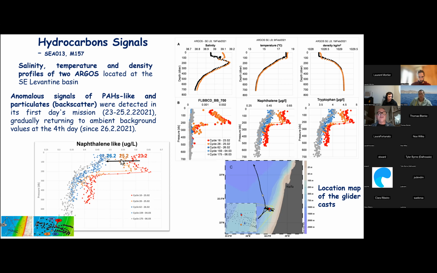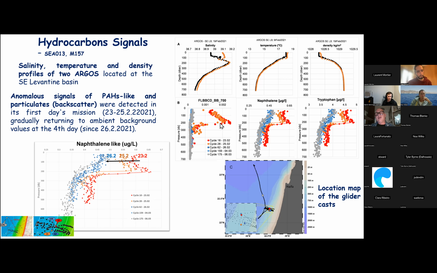And it was decreasing gradually during 4 days till getting back to background values on the 26th of February. Most of the anomaly concentrated in the upper 200 meters.